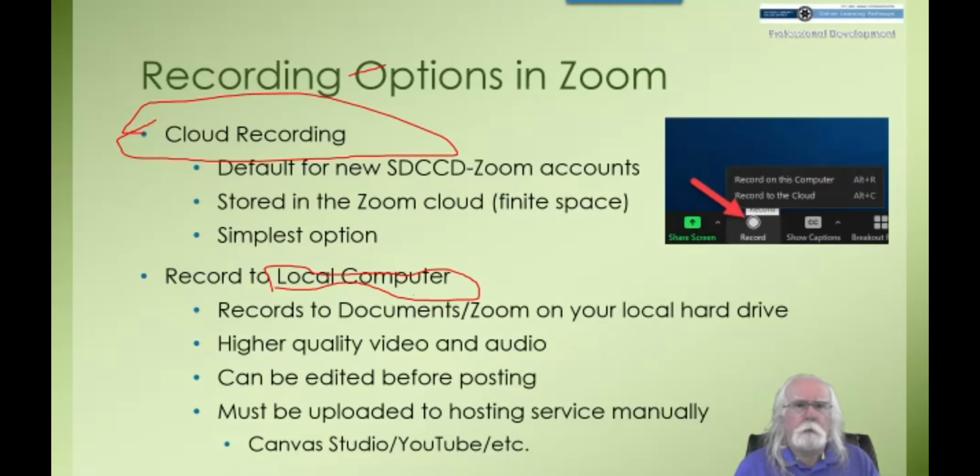The way that works is the recording is recorded to a temporary file on your hard drive, and when you end the meeting, it's automatically compressed or rendered from that temporary recording to a highly compressed, but still high quality, video and audio file that's stored on your local hard drive automatically.